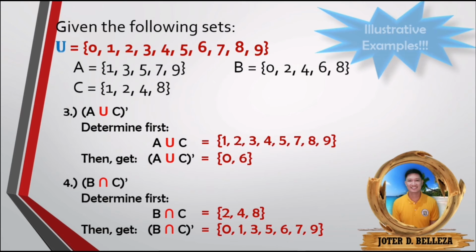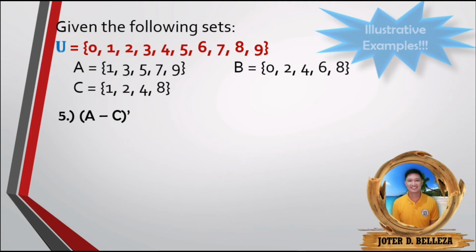Okay, let's proceed to the last example, and that is the complement of the difference between A and C. As what we have discussed a while ago, the difference of two sets A and C refers to the set containing the elements of A that are not the elements of C. Okay?